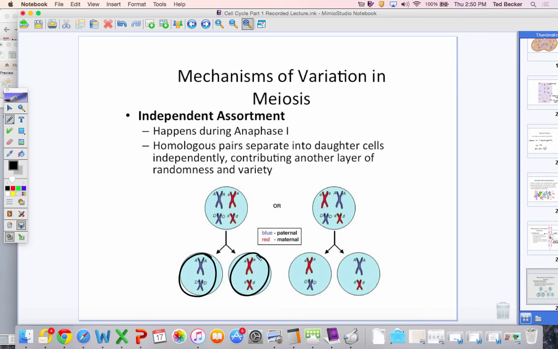And in this one, you happen to get all the chromosomes from your mom. But in this one, it looks like you got one from mom and one from dad. And this one, you got one from dad and one from mom. So they can recombine into the sex cells in many different combinations. And that's independent assortment.